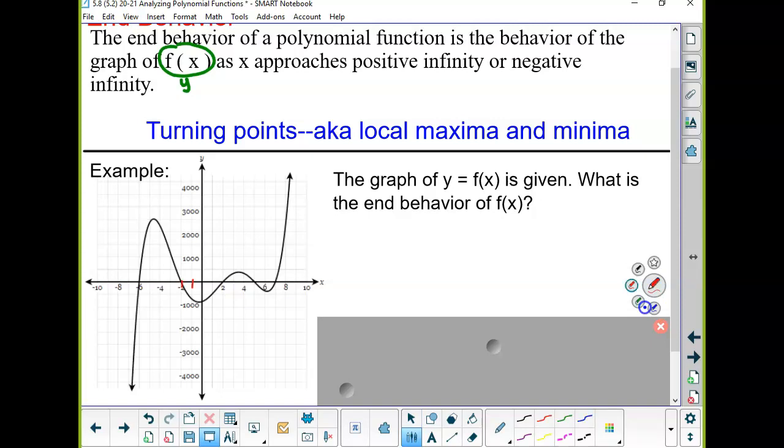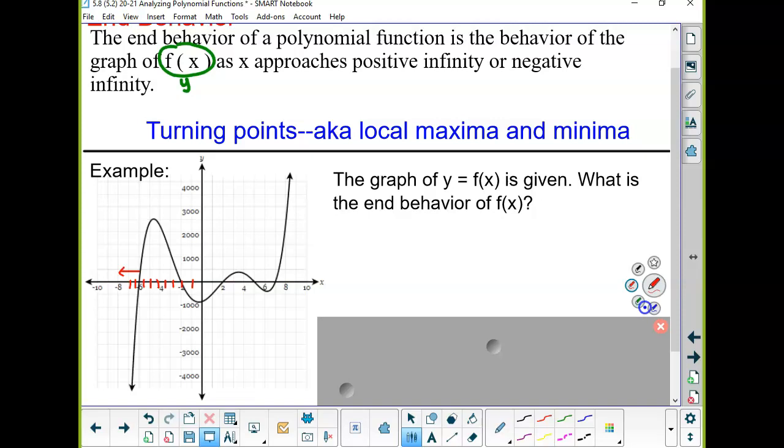As x goes further and further to the left, which means we're headed in the negative x direction, where is my graph headed? What would you say? Say down, right? Now mathematically, down is not a super accurate word.